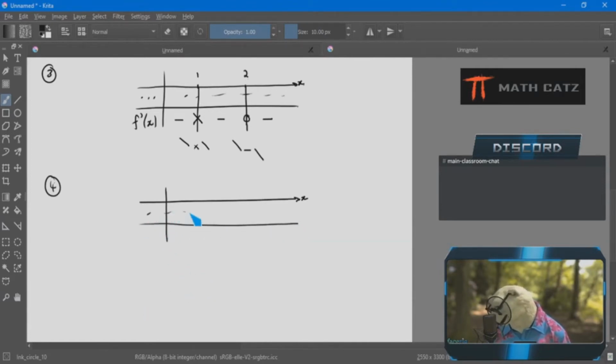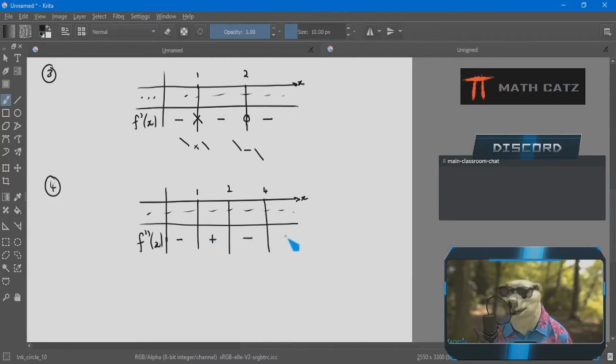I don't see the pieces of the function. I just see the end result. And that table is split into x equal to 1, 2, and 4. And it gets a minus, a plus, a minus, a plus.